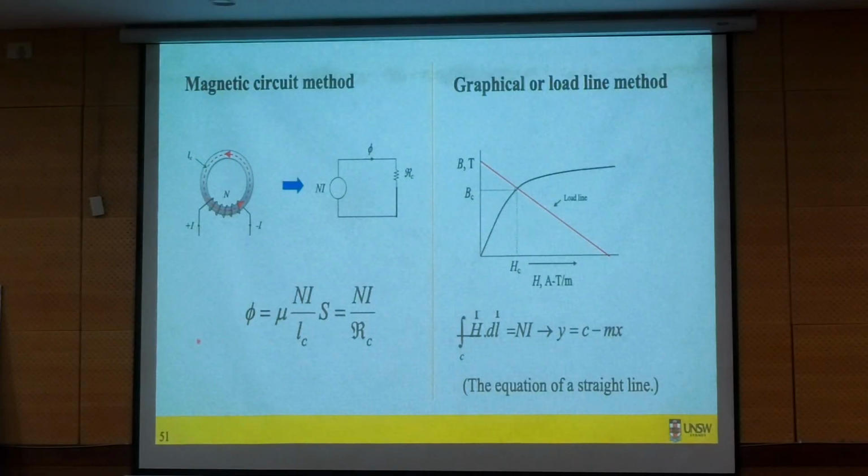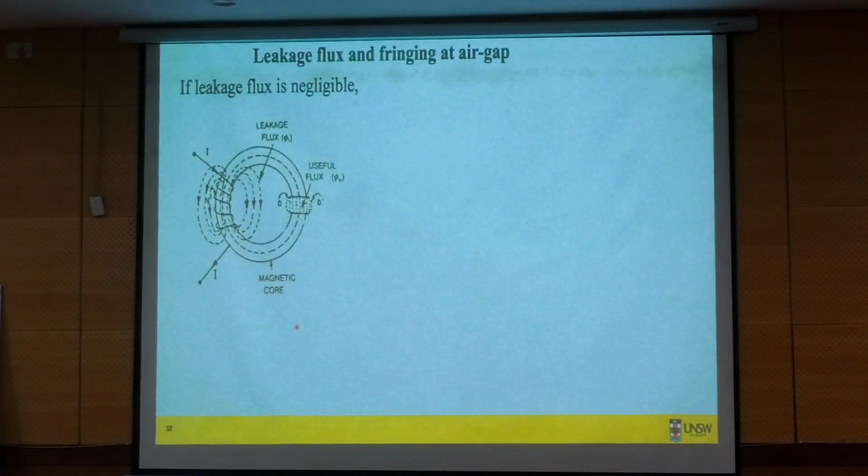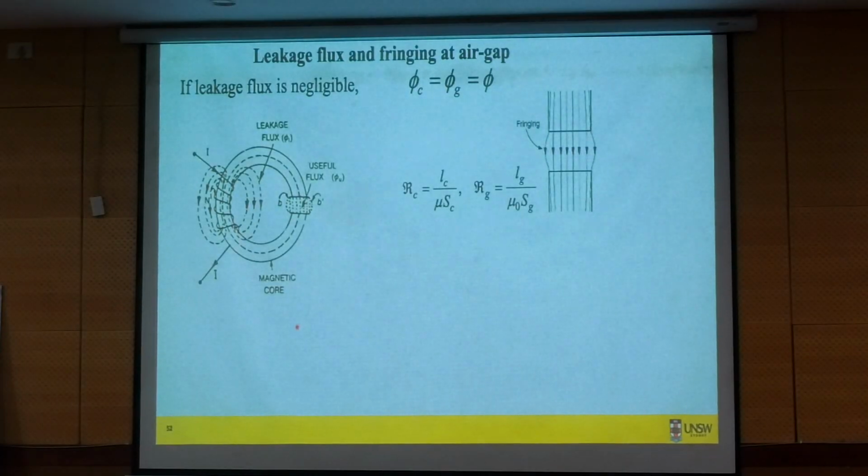So you may not be able to estimate mu accurately, because most of the time motors will have magnetic saturation, okay? That's why, if we use a magnetic circuit to find flux in a motor, it will always overestimate, because it ignores saturation, okay? And the other problem is leakage and fringing.